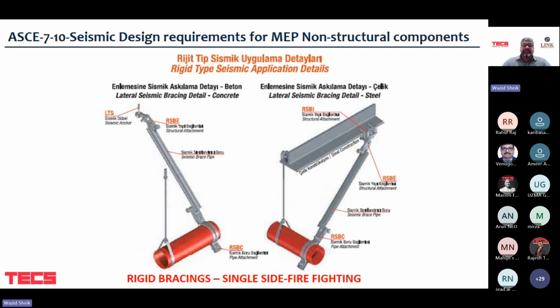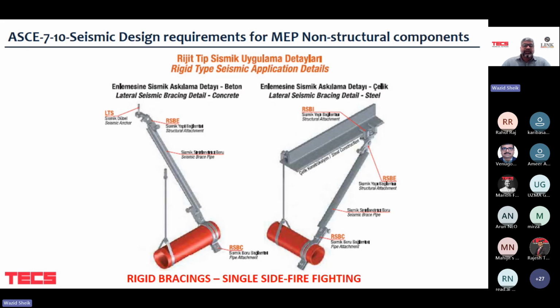So the core principle here is that these braces are designed to be stiff connections with minimum flexibility, and they are used where we need to prevent any movement at all for critical services. Now, observe that these components are independent. In the earlier slides, you might have noticed that the bracing was provided directly to the main support as well, but here it is provided separately, because the code demands that it should be clamped separately to the pipe and directly to the structure above, whether it is a concrete slab or a steel structure.